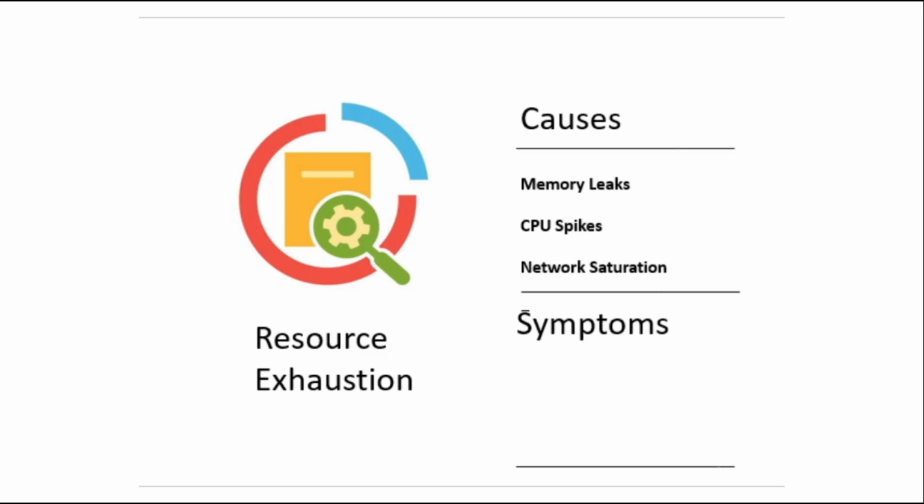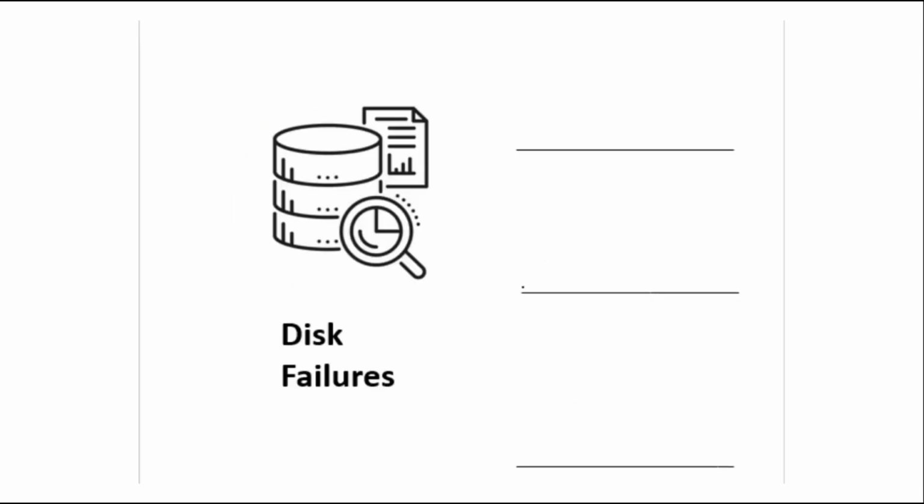The major symptoms of resource exhaustion include 1. Slow responses. 2. Failed transactions. 3. System unresponsiveness. Another key infrastructure failure is disk failures. Here are the major causes of disk failures.